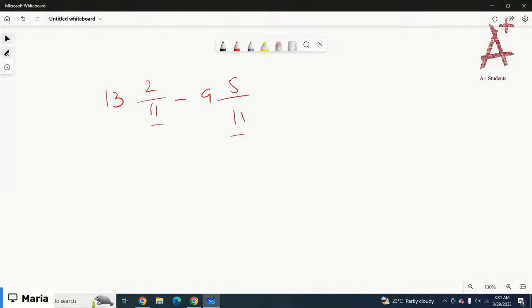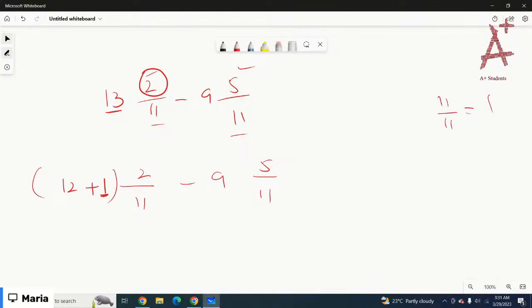They have the same denominators, but we can't subtract their fractions because we can't do 2 minus 5. 2 is smaller than 5. You need to make this number greater than 5. So we can break down the 13 as 12 plus 1. It would be 2 over 11. Now we can write the 1 as 11 over 11, because 11 over 11 equals 1.